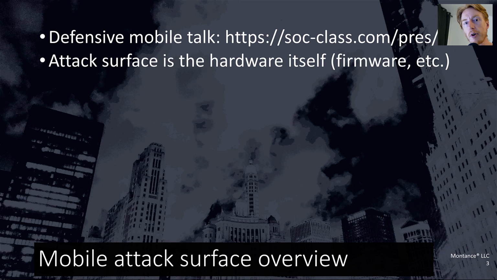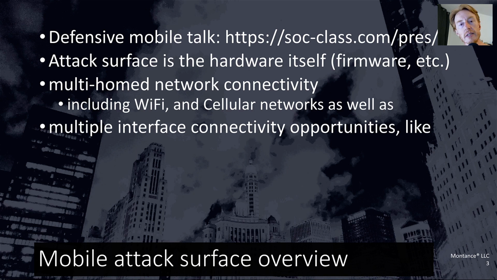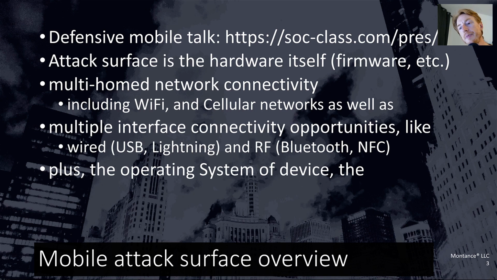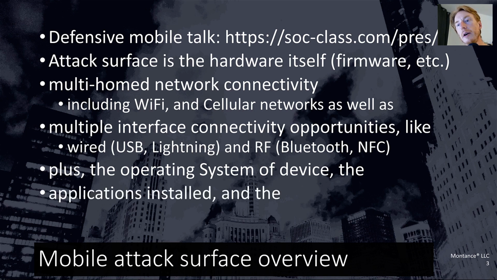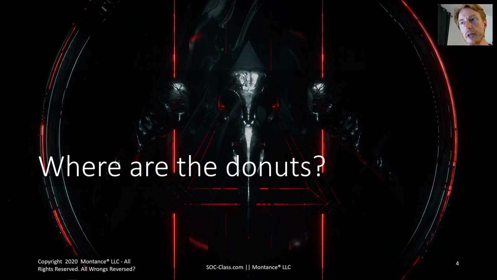It's the hardware itself, all the firmware, the operating system component of it, the multi-home network connectivity as you move from Wi-Fi onto cellular networks, and then all the other components of the device in terms of NFC, USB connections, lightning bolt connections, all the different radio frequency connections, Bluetooth, the operating system of the device itself, the applications which are installed on the device, and the user operating the device. That's the attack surface.